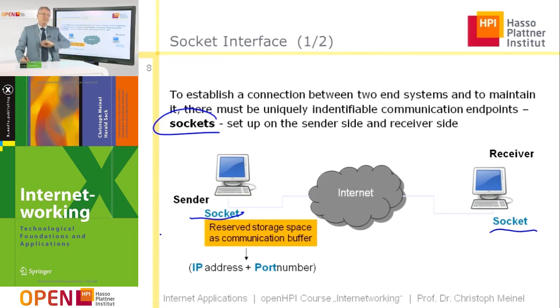The address of the socket, the way to identify such sockets, is the socket address consisting of an IP address followed by the port number. Remember, when we discussed the TCP protocol, we discussed this mechanism in detail.